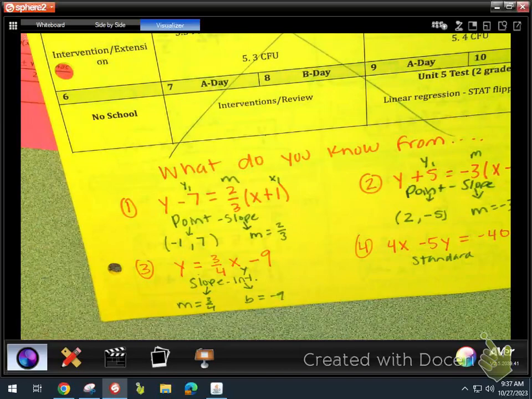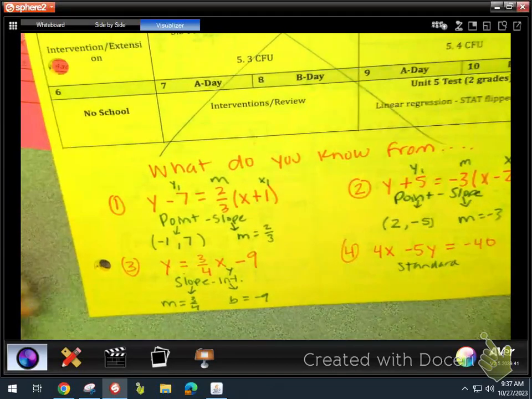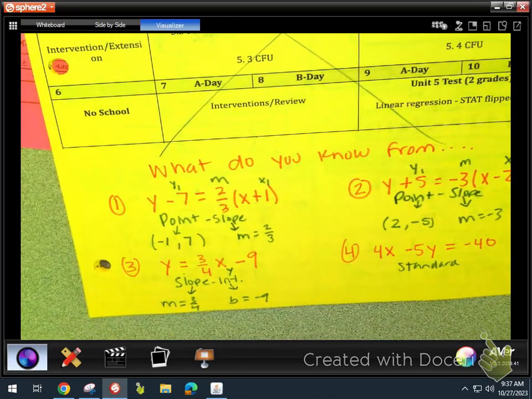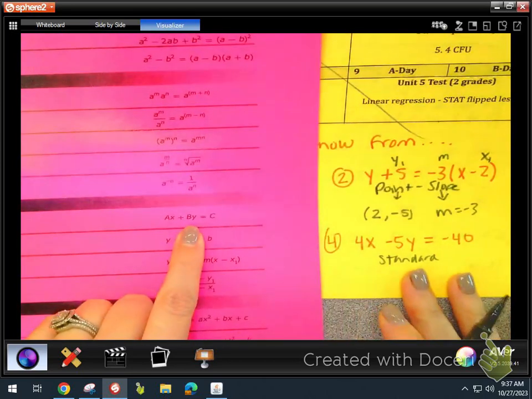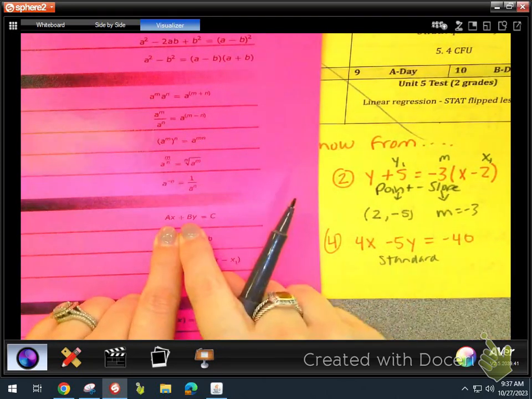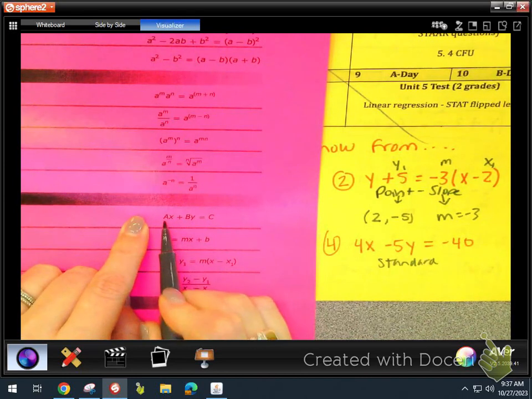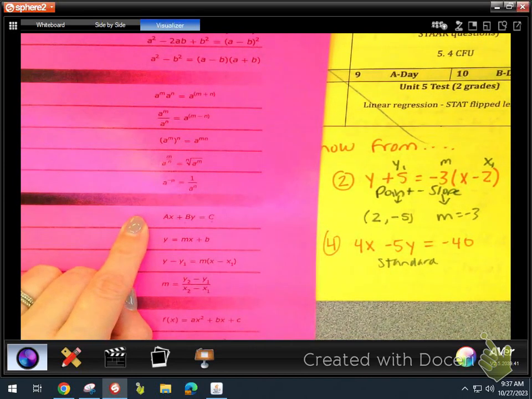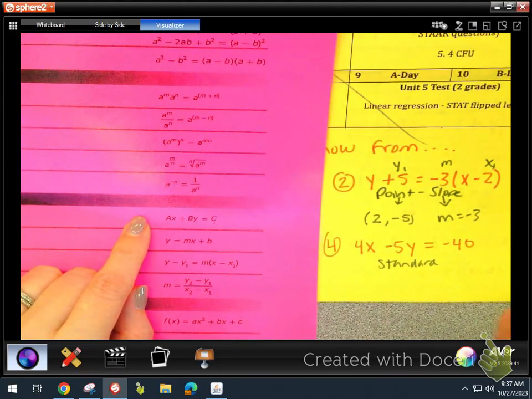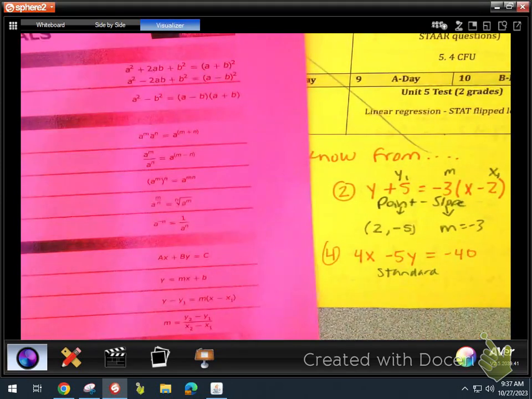Those are all attributes, characteristics, like those vocab words that we've been talking about. Okay, how do you know this is in standard form? X and Y are on the same side. Is there anything special about capital A, capital B, capital C? No. So there's really nothing that we can look at and just grab a number.